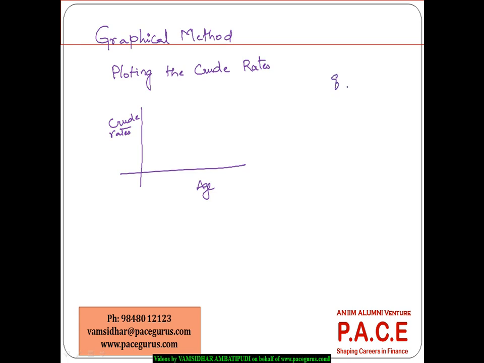So I could plot even a discrete mortality rate qx, or a force of mortality, instantaneous force of mortality mu x, whatever it is. At different ages, I am trying to plot the crude rates first, and probably try drawing a smooth curve across the points.